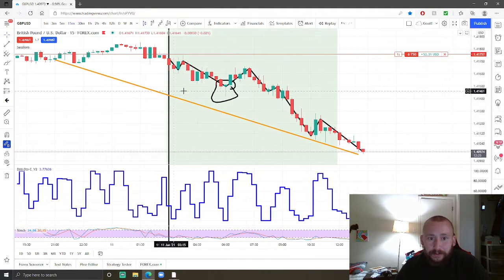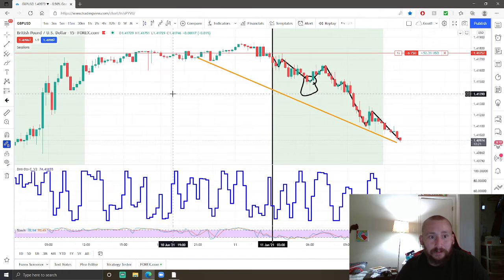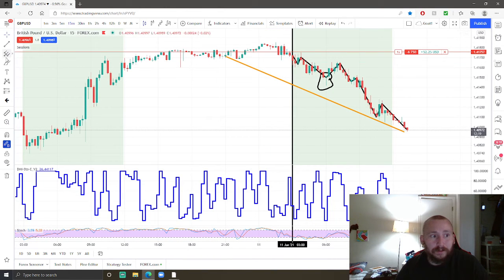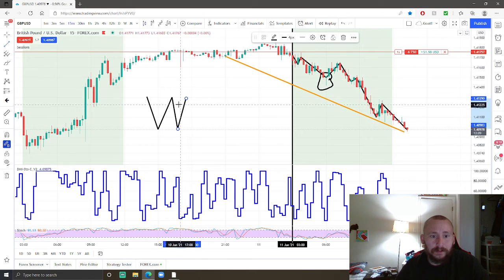So if you ever get nervous, just look for those 3 failed retracements or a sharp W pattern, right? So a sharp W pattern will look something like this. I guess that's 1, 2, 3, yeah, with a long wick right here or right here, most likely right here to the downside.